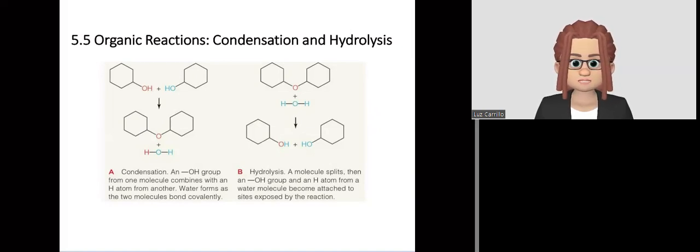And at times during this process, water is released. So you can see in letter A that this is showing how two alcohols come together, they form an ether, and then a water molecule is released.